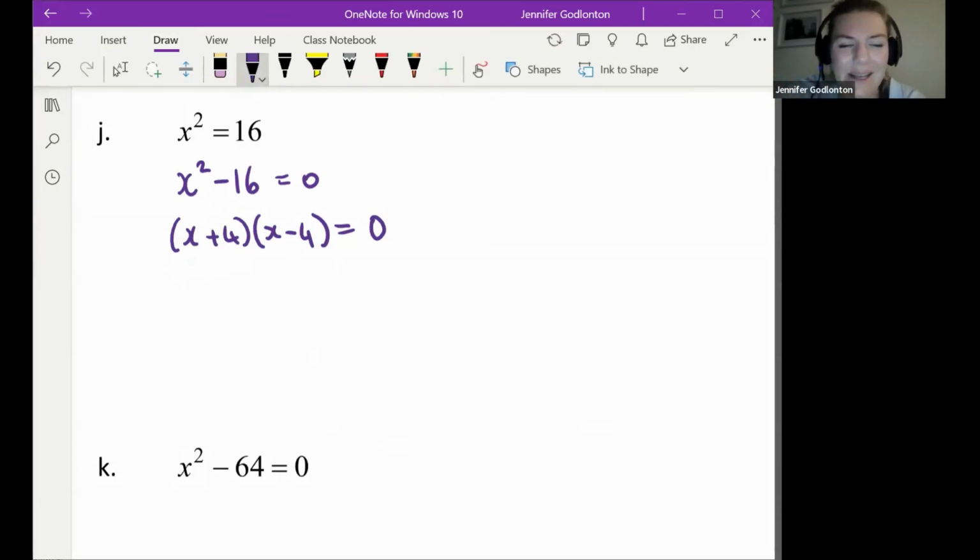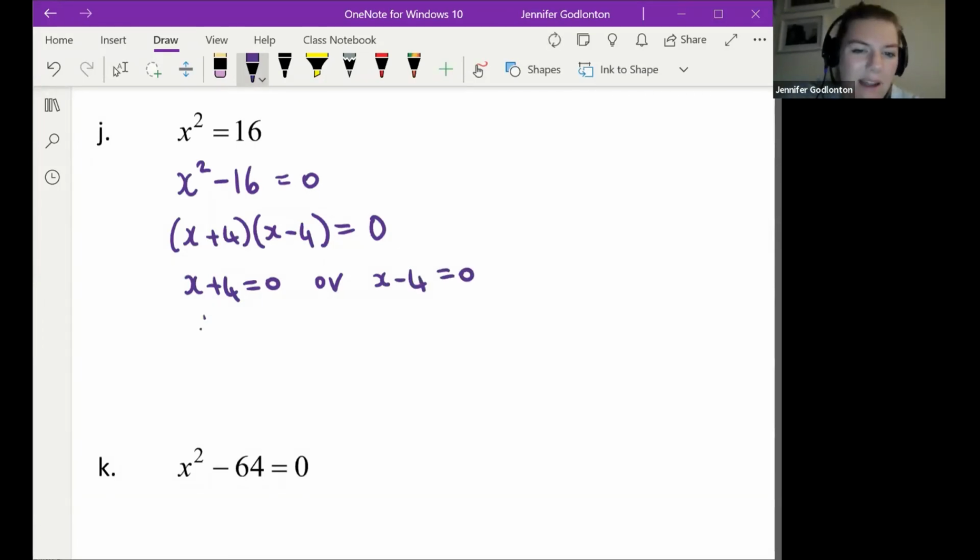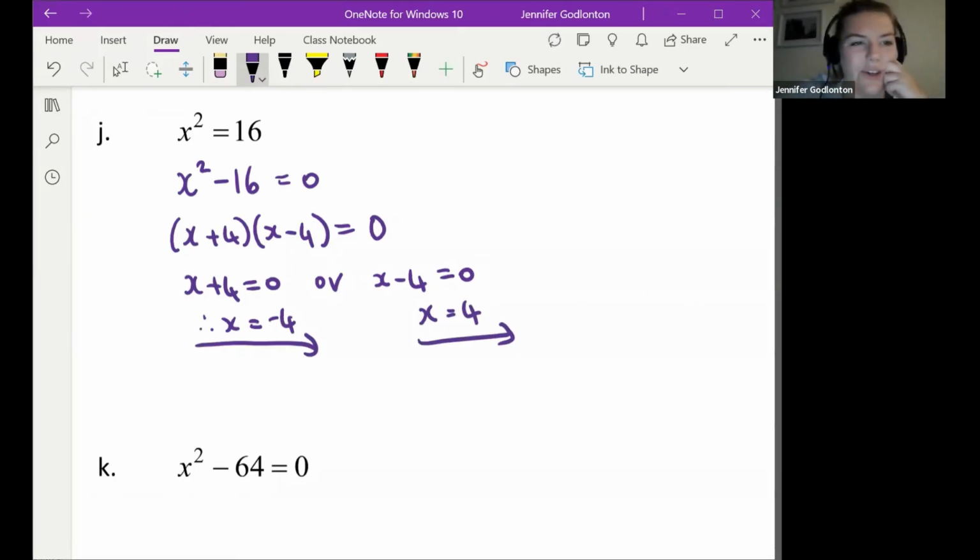Okay, next step. Then you're going to say x plus 4 equals 0 or x minus 4 equals 0. Good. So then my final answers are going to be x equals negative 4 or x equals 4. Beautiful. Well done. Excellent.